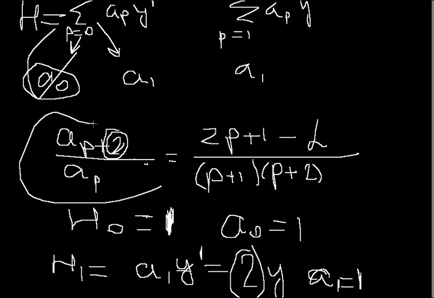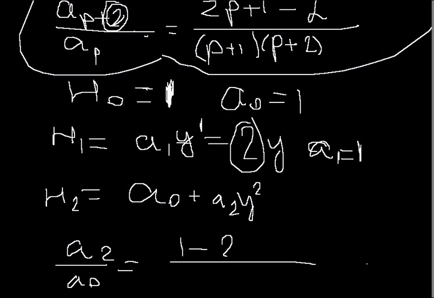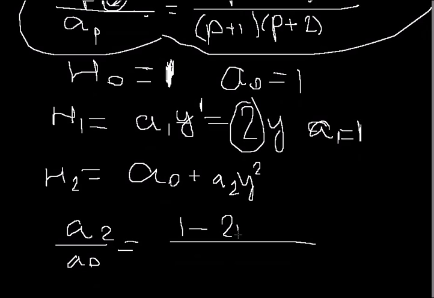Let's take these relations, and I want to connect a0 and a2. a2 equals a0 times 1 minus 2, n minus 1, division by 2, minus n, and n is in our case minus 2.